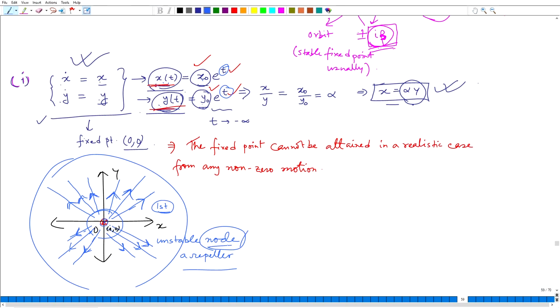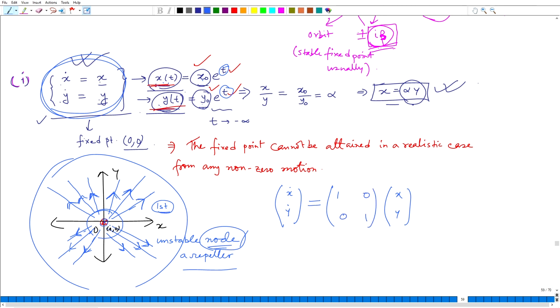So, to justify whether this is a node or not, we have to find the coefficient matrix in phase space. So, I am going to this equation once again. Now, this equation can be written in a different form: x dot and y dot is equal to the matrix 1 0 0 1 times x and y.